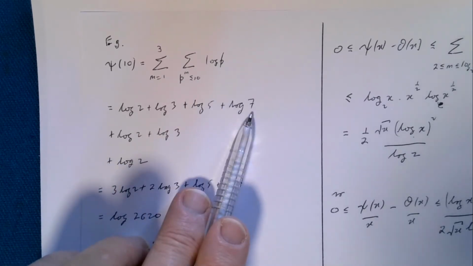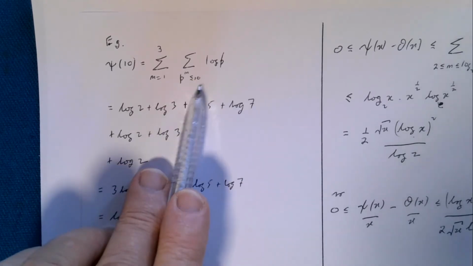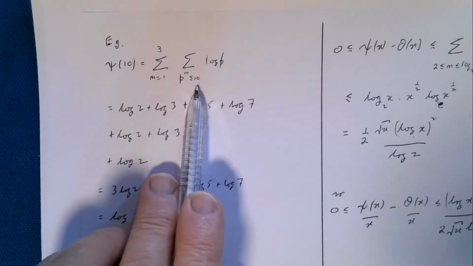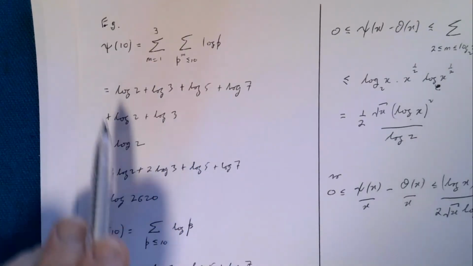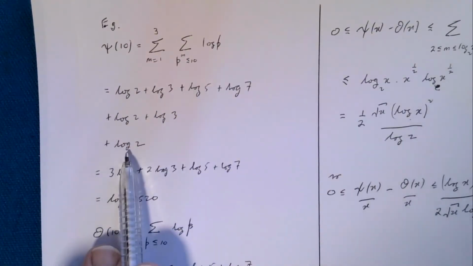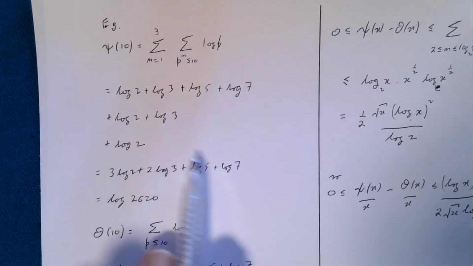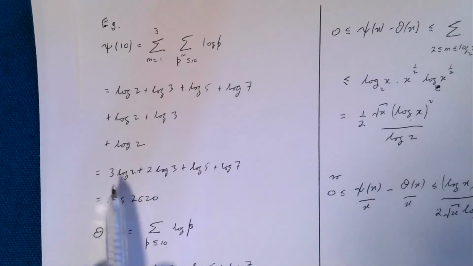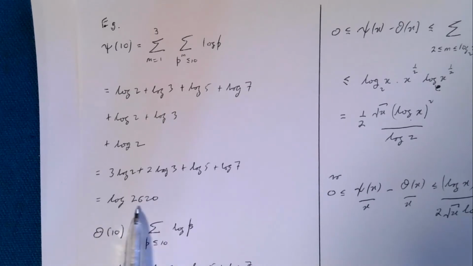And then when m is 2, we want p squared less than 10. Yes, 2 squared is less than 10, so we take log 2. And 3 squared is less than 10, so we take log 3. And then if we put m to be 3, 2 cubed is 8, which is less than 10, so we take log 2. Once we get beyond there, 3 cubed is bigger than 10, so there are no more terms. So we can simplify that. We get 3 log 2 plus 2 log 3 plus log 5 plus log 7, which is log 2620. That's just a simple example of calculating what psi of 10 looks like.